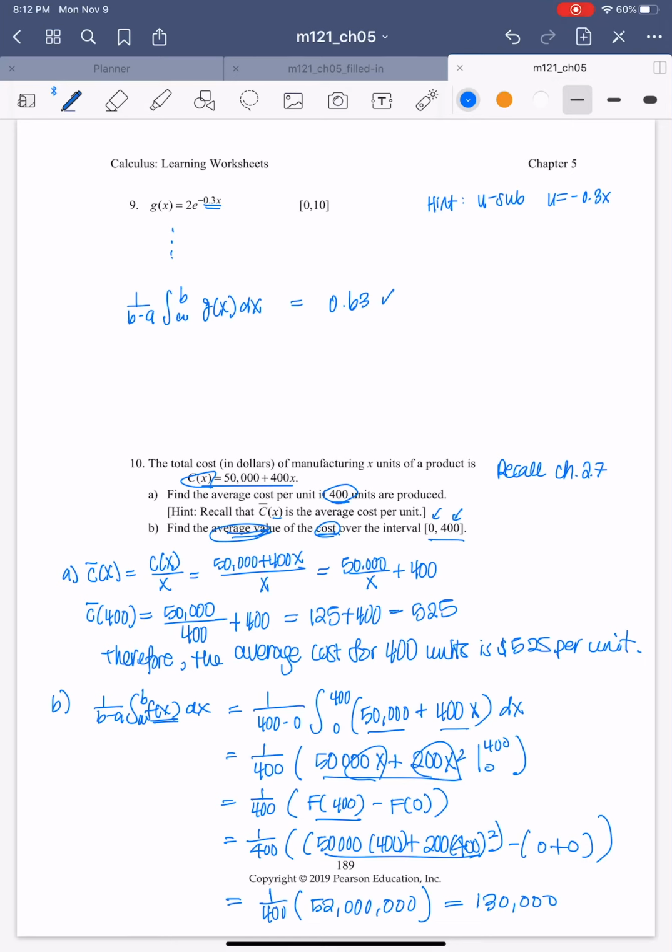And I'm out of space, so I'll just write it over here. Therefore, the average value of the cost will be 130,000. Okay?